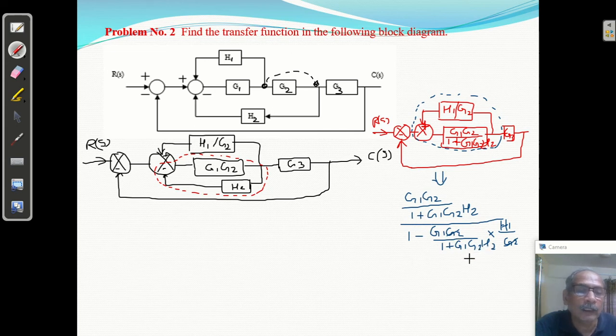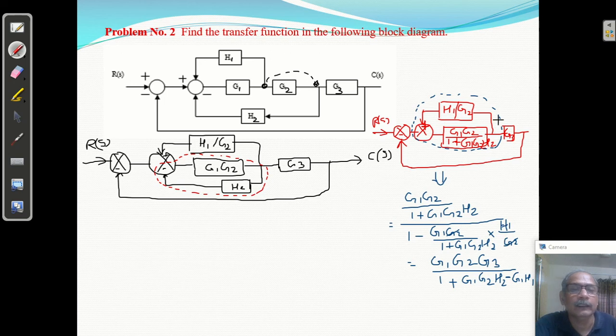You will get G1 G2 upon 1 minus, 1 plus G1 G2 H2 minus G1 H1 into H1. This will be cancelled. This is the transfer function we got here. It is a closed loop system, and whatever you will get here is cascade with G3, so multiply by G3.